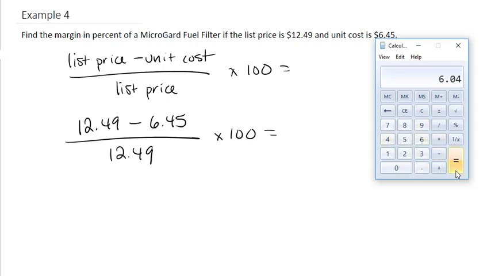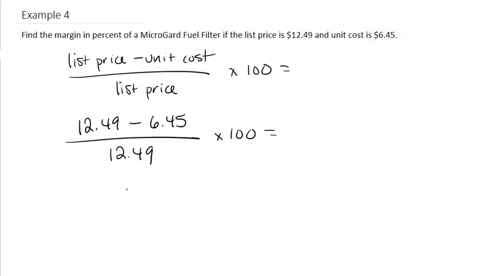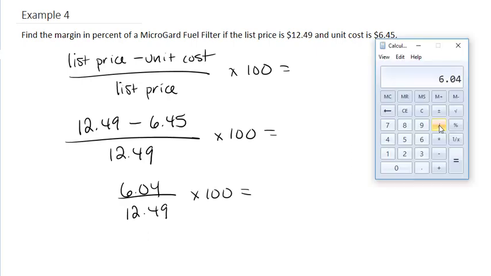So we took the difference. We got 6.04 on the top. And then we divide by the 12.49. And we're left with 0.4836. And then we're going to multiply it by 100.